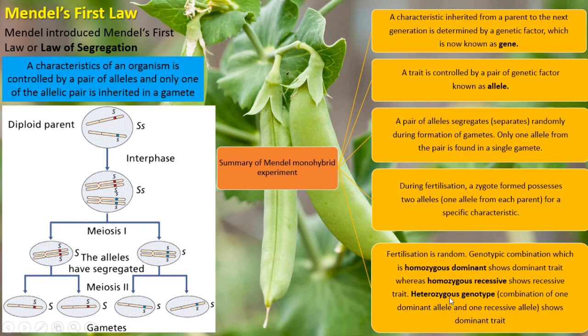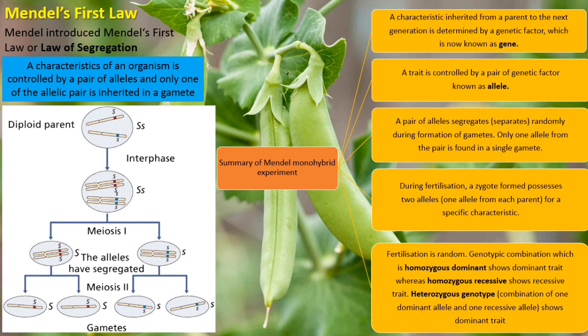So fertilization yang akan berlaku adalah random. Jadi bila dia combine antara dominan dengan dominan, dia akan jadi homozygote dominan. Kalau resesif dengan resesif akan jadi homozygote resesif. Ataupun dia combine antara satu dominan dengan satu resesif, dia akan menghasilkan heterozygote genotype.